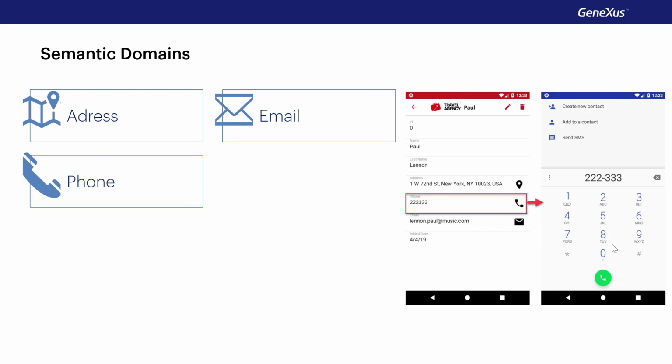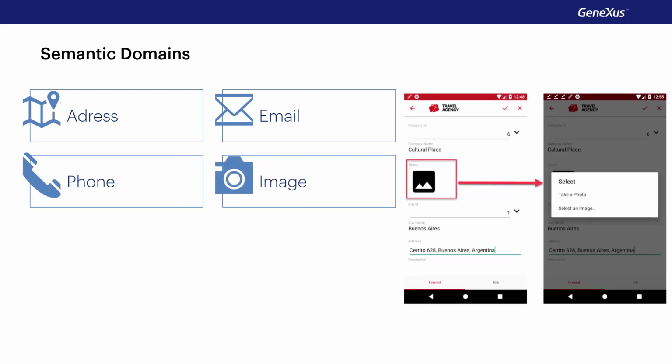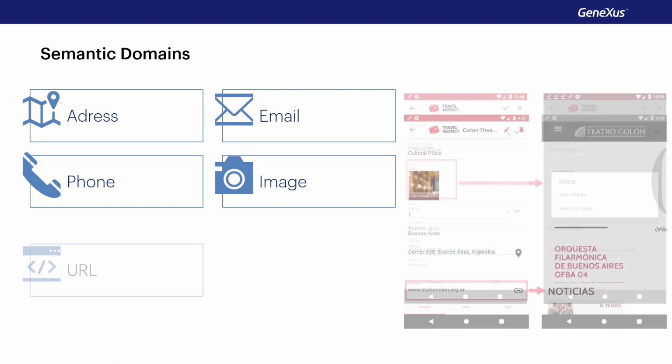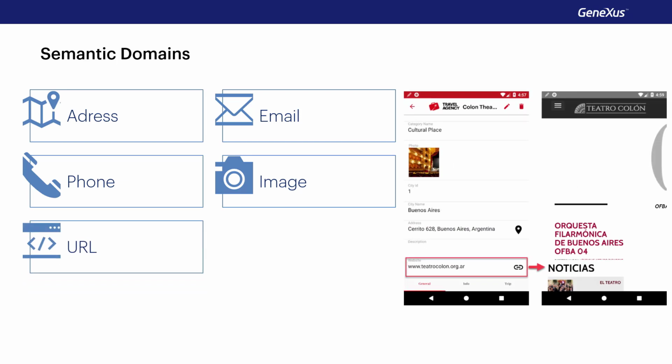The image domain is used to store images. In edit mode, the user will be asked if he or she wants to take a photo with the device's camera, or if he wants to select an image from the gallery. The URL domain is used to represent web addresses. Just like the previous ones, tapping on them will open the default browser.